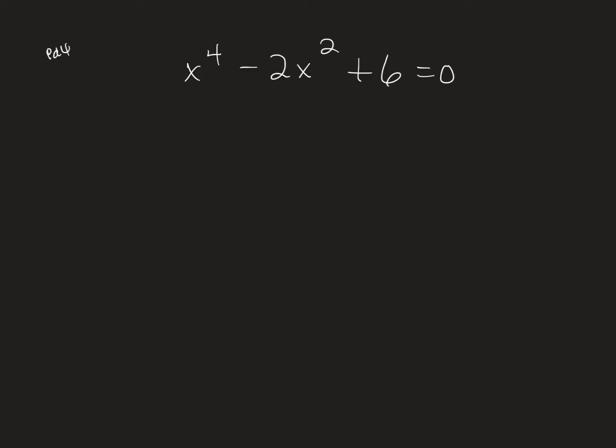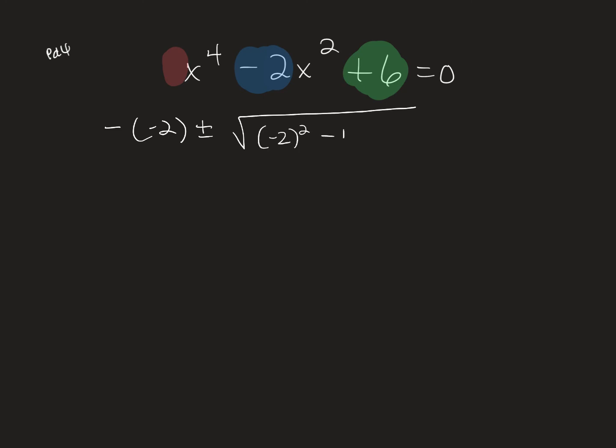Ready? Do that one. Just a try. Let's see what happens. Again, A, B, C, this should be negative 2 plus or minus the square root of b squared minus 4ac, all over 2a.